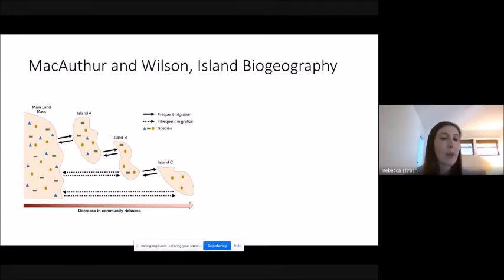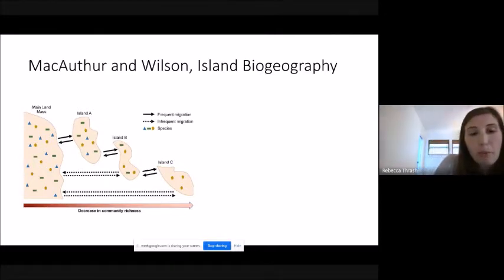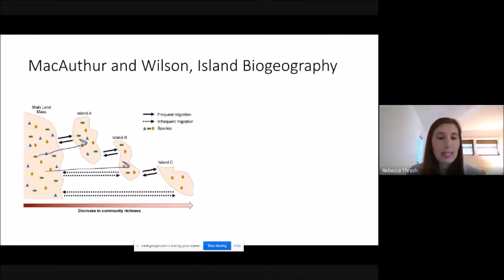The distance from the mainland can be really important for the community richness, or biodiversity, on each island, because the distance organisms need to migrate increases for islands that are farther away.